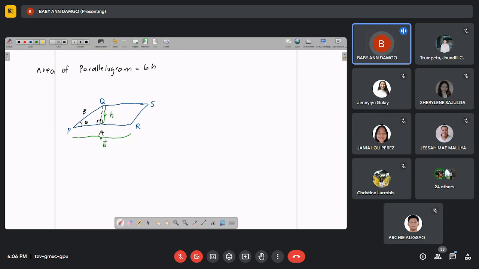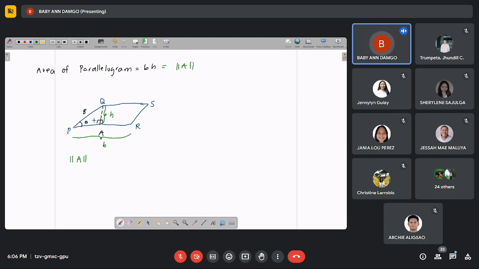Okay? So this is the magnitude of A. So we have here B is the magnitude of A, and then the height.